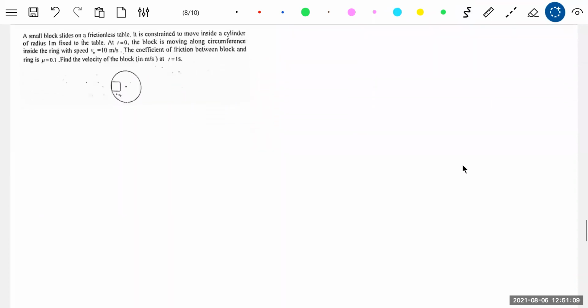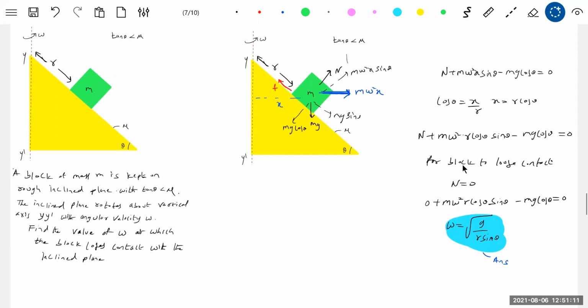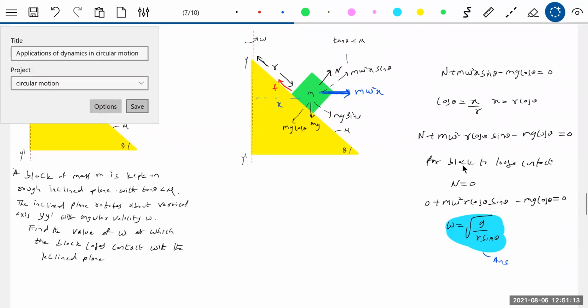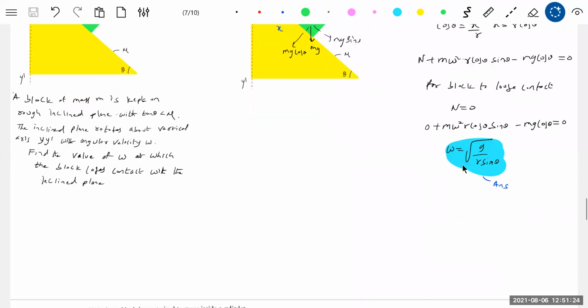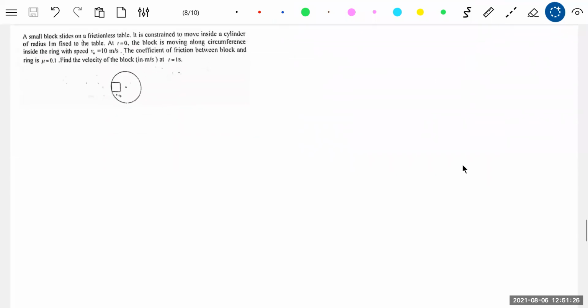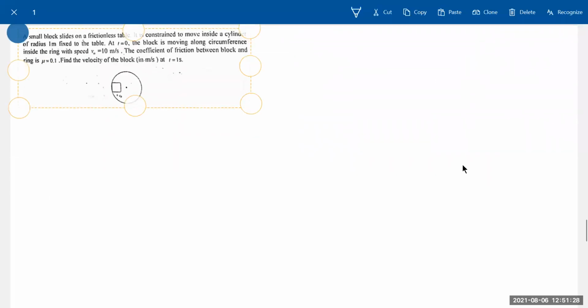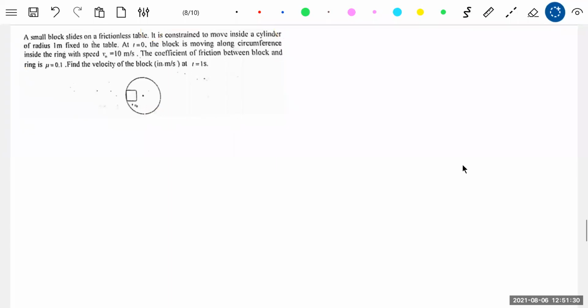So could you scroll up? We have a small block that slides on a frictionless table.